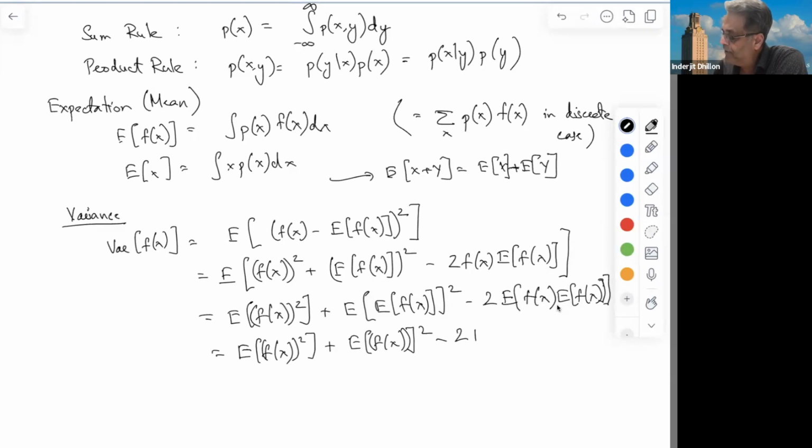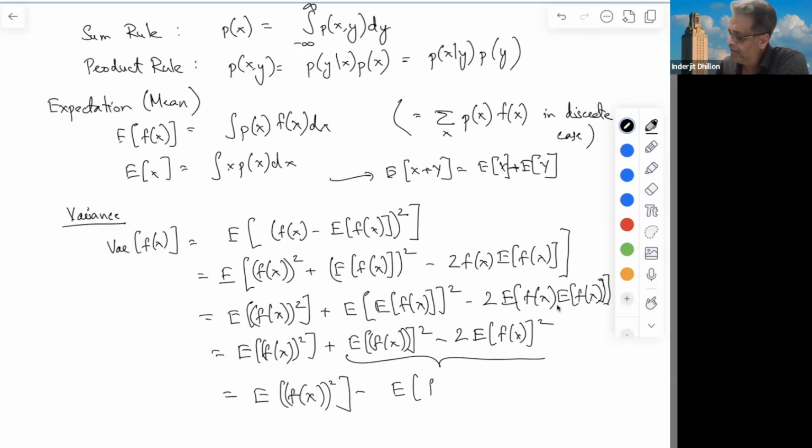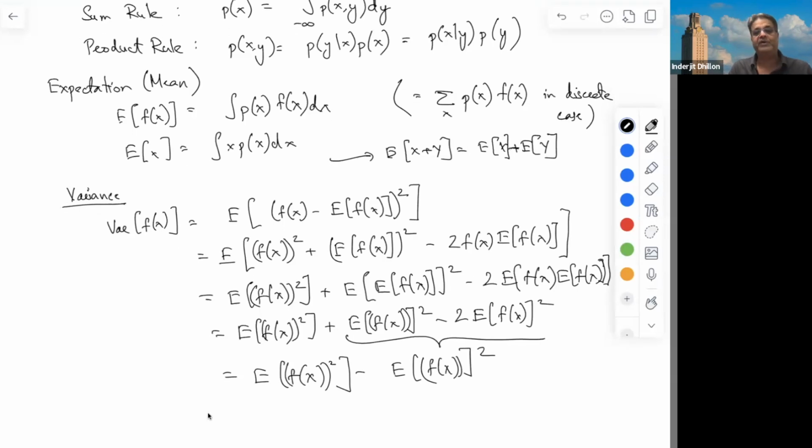So 2 times the expectation of f of x squared appearing twice, right? So these two give me the expectation of f of x square minus I take the expectation of f of x, and then I square it. Okay, so very important to notice where the squares are, right? The square inside is inside the expectation, and here you are taking the square of the expectation.